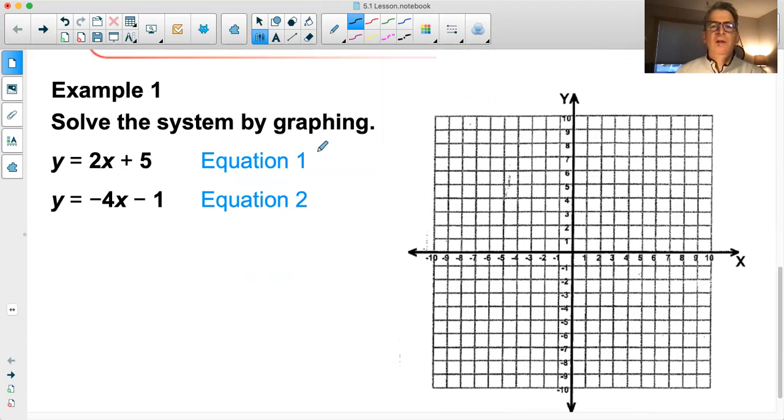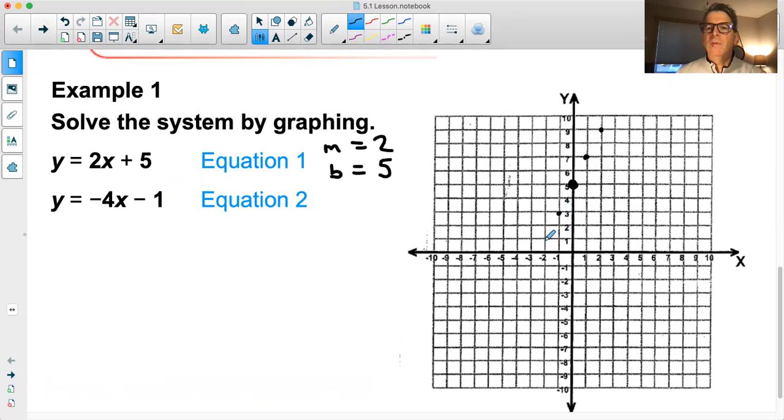The first one has a slope of 2 and a y-intercept of 5. We start at 5 with our first point, and then apply the slope: up 2 over 1, or down 2 over 1.